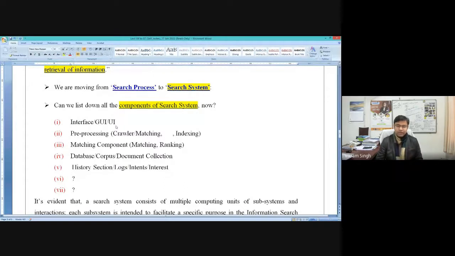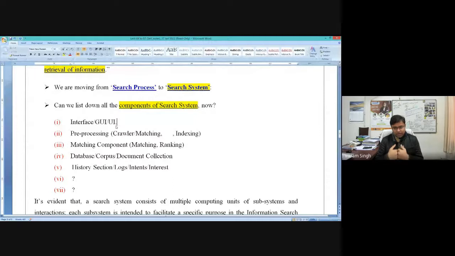That will be the first element we should see, right? As a user, if you have a user point of view on the system, this is something you can ask for: I need a GUI to interact with, to provide my query, and to see the results, right? After that, you have to switch your role.